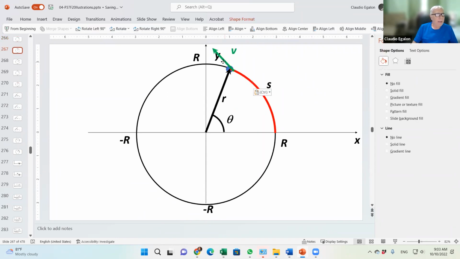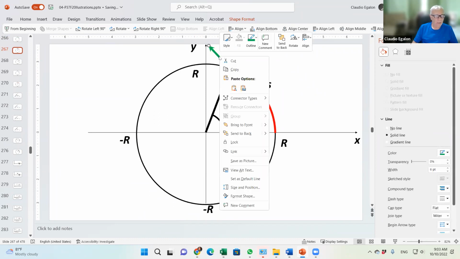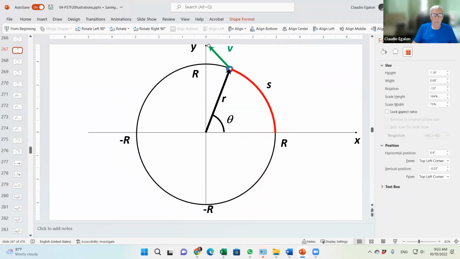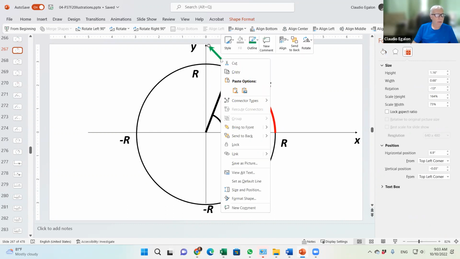And again, we have to change the angle of my velocity vector. Notice that the length of the vector is not changing because it's uniform motion, but the angle is going to change. The angle that it makes with the horizontal and the vertical is going to change.